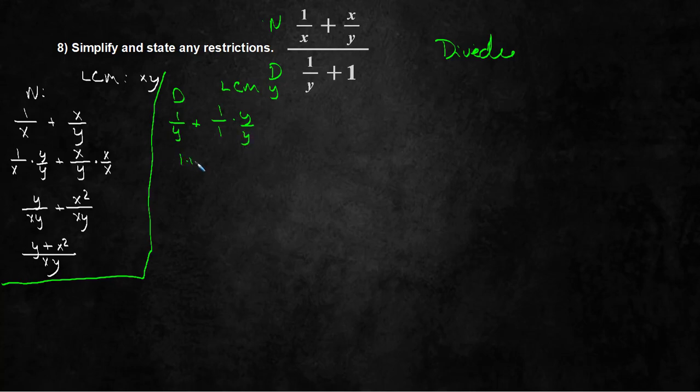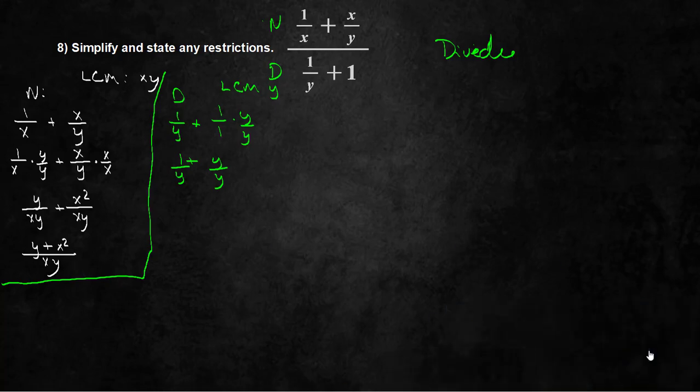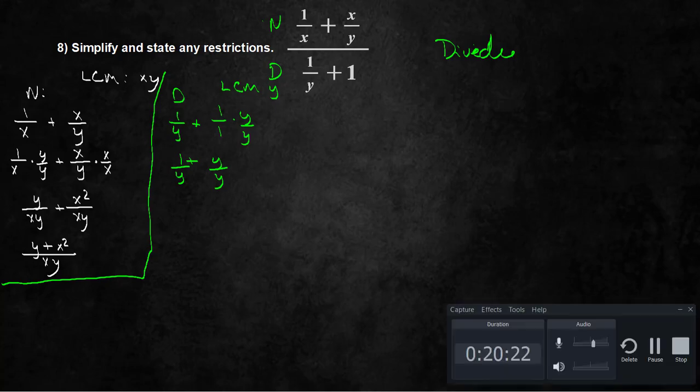And so I have 1 over y plus y over y. And so we end up with 1 plus y divided by y.